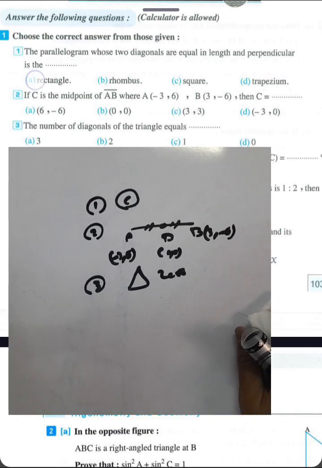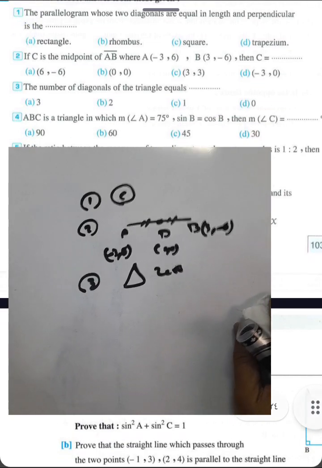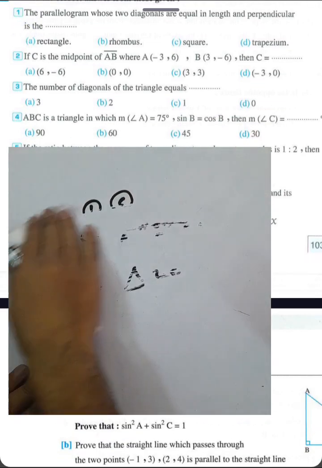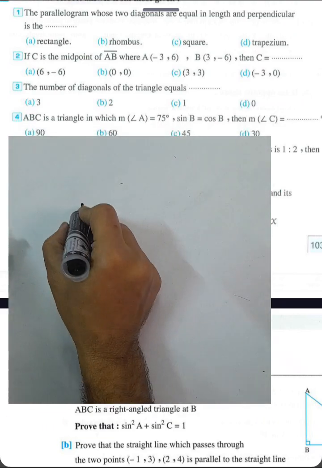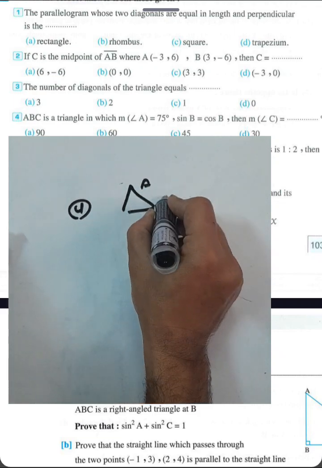Question number 4. We have triangle ABC.